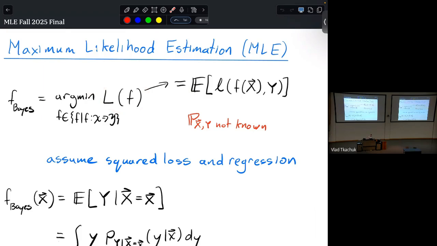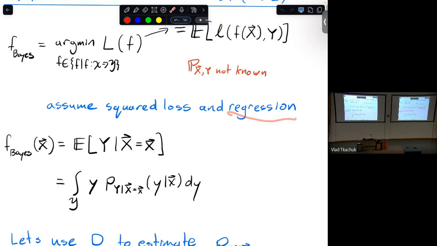And minimizing it over any possible function, we call this f base, and you can explicitly do the calculation. If you use the squared loss, then you're in the regression setting. What you'll find is that for a particular x, f base needs to output a single value, and that value is just the expected value, like the expected price of a house for a given number of rooms.